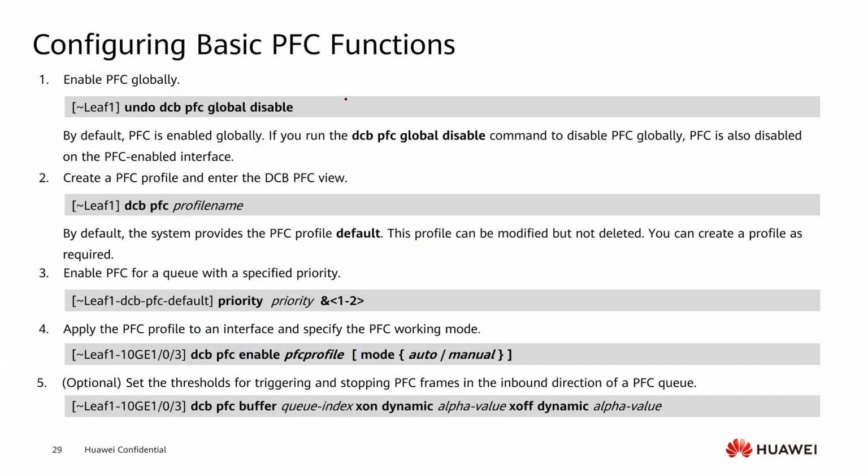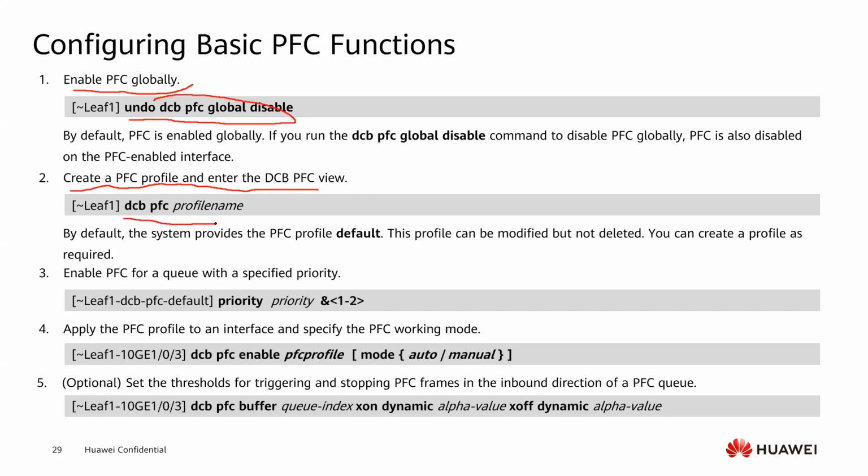Let's see the configuration about the PFC. Let's see some commands. Undo dcb pfc global disable enables PFC globally. Then create a PFC profile and enter the DCB PFC view.